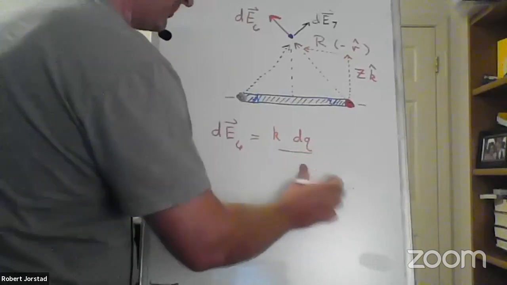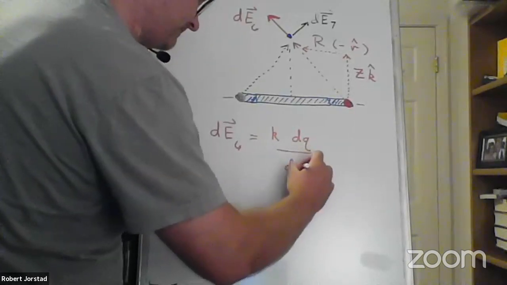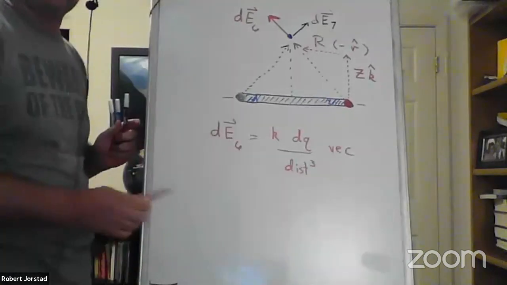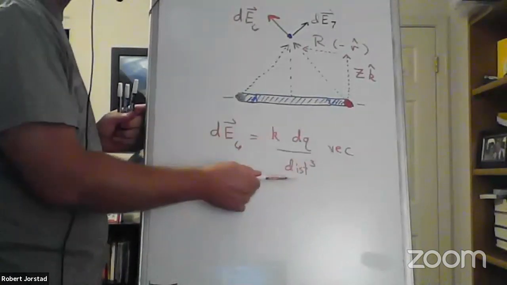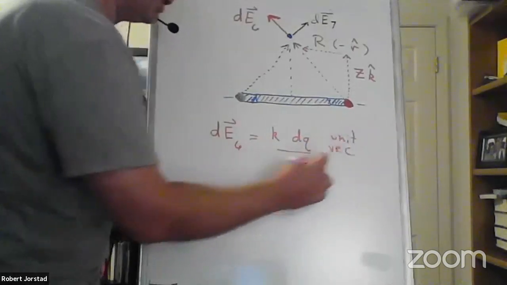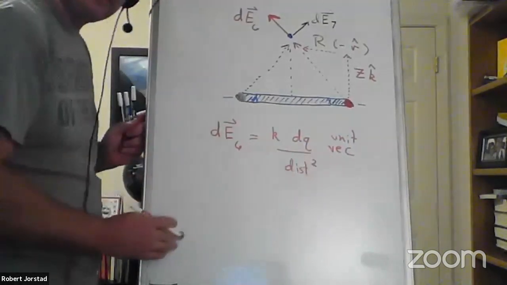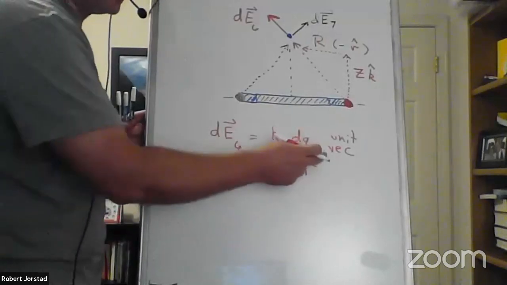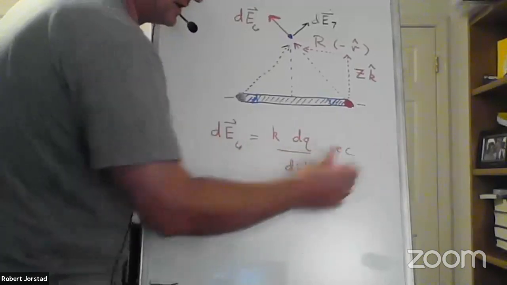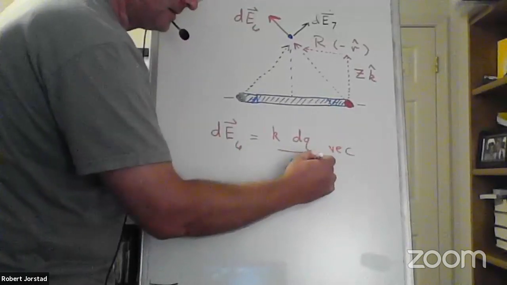So I'm going to write it like this. So remember, we need some kind of vector here over the distance cubed, or you could do a unit vector over the distance squared, either one, right? So you either need to do the vector over the cubed or the unit vector over the squared. And so I kind of like doing the vector over the cubed.